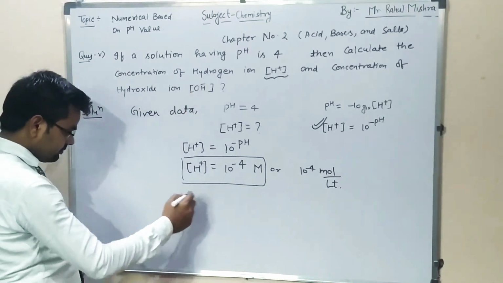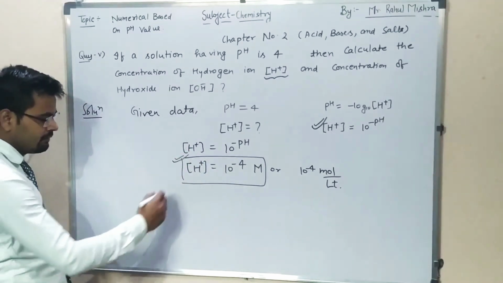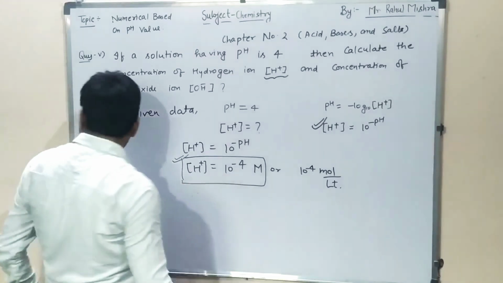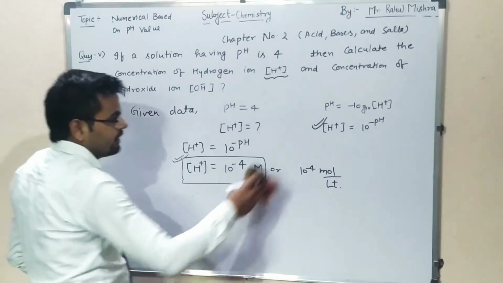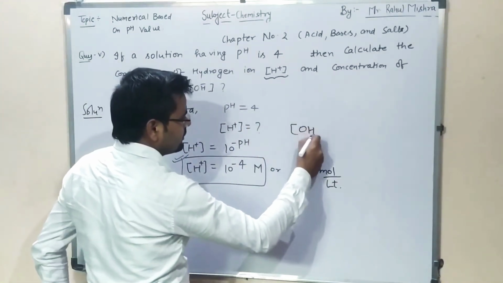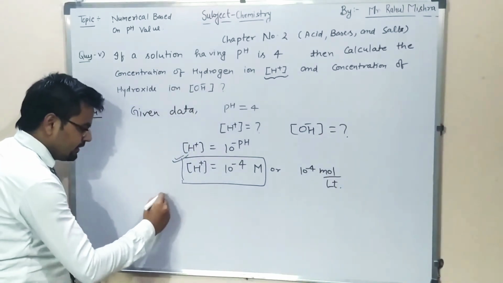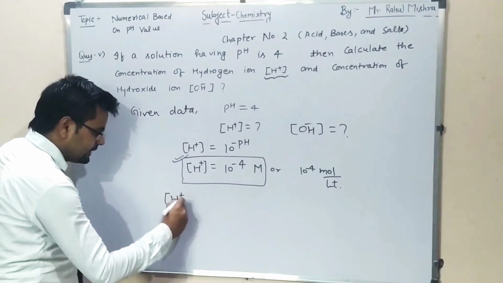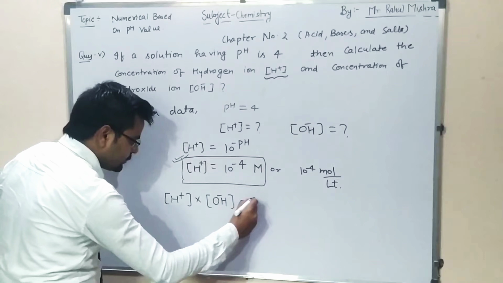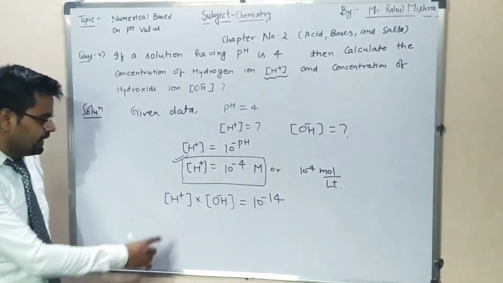So listen, we have found the H ion concentration. Now what will we find? Hydroxide ion concentration. So what will be the hydroxide ion concentration? So listen, we know a formula: concentration of H ion into concentration of OH minus ion is equal to 10 to the power minus 14.